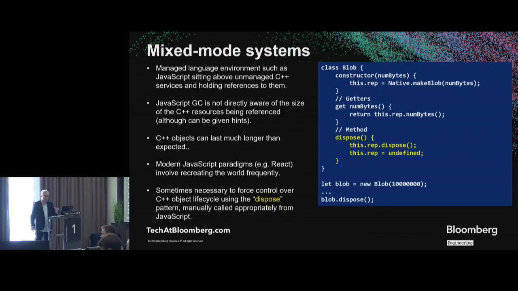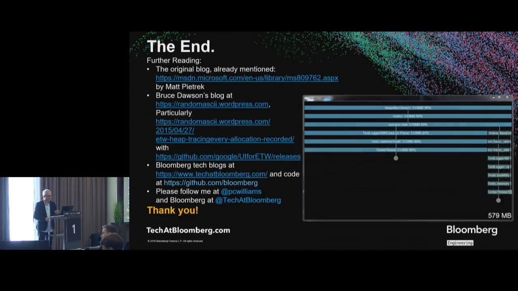So I'll implement in my proxy object a dispose method that allows me to call into the C++ and let that thing be destroyed. We found that to be very helpful for large native objects, such as our data transformation pipeline. And this is just an example of how that looks in ES6 style JavaScript.